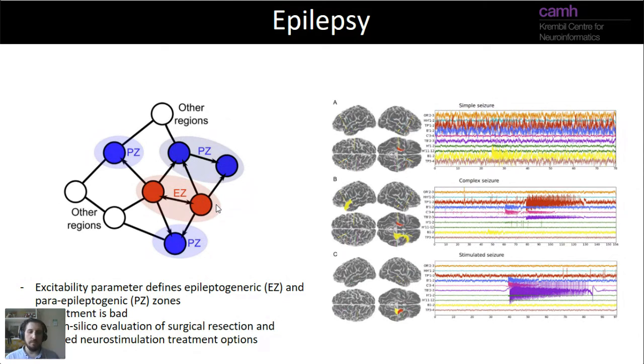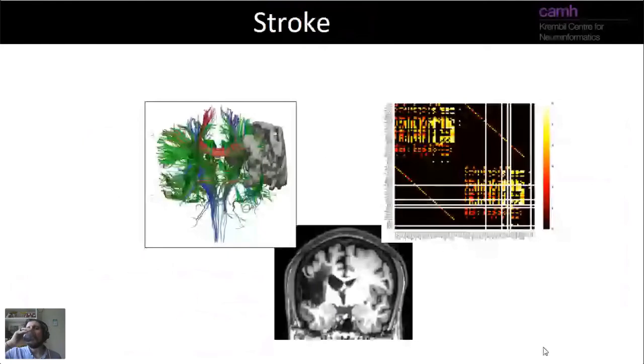This is a really fascinating, exciting and kind of heartwarming application of this type of modeling framework. It's undergoing clinical trials in France at the moment, and it's going quite well. So I encourage people to take a look at this work if they're interested.